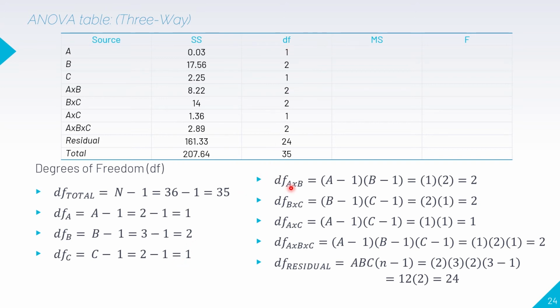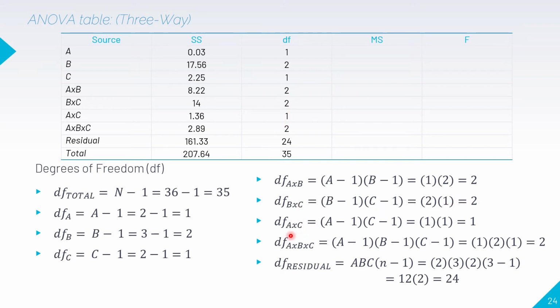In finding the degrees of freedom of A by B, we just multiply the df of A and the df of B. So we have 1 times 2 equals 2. For df B by C, we multiply the df of B and the df of C, which is 2 times 1 equals 2.